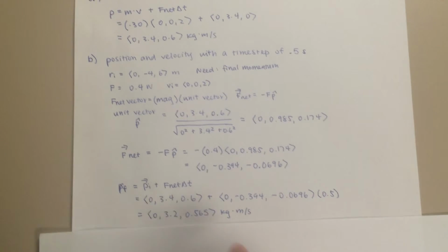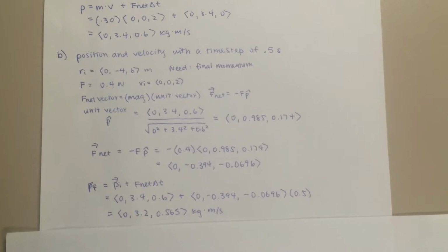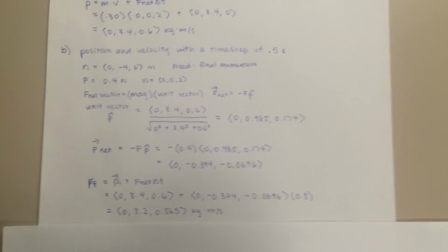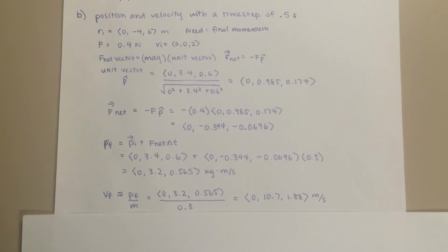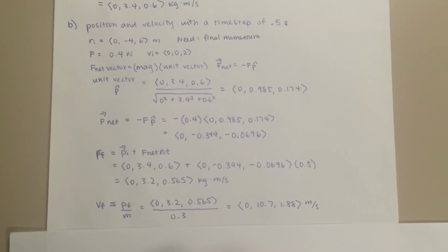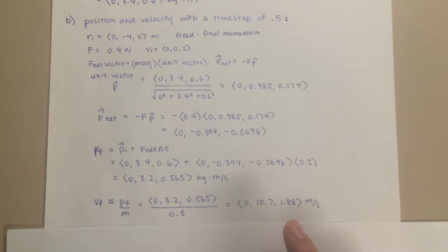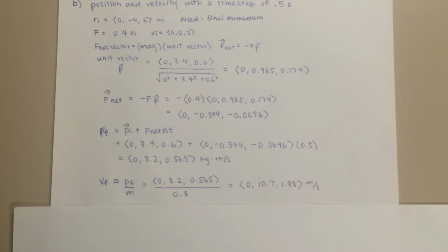And we get 3.2 and 0.565 kilograms meters per second as our answer for the final momentum. But the question is asking for final velocity and final position. We can find the final velocity by approximating the final momentum divided by the mass. And once we do that, we get 10.7 and 1.88 meters per second as the final velocity.